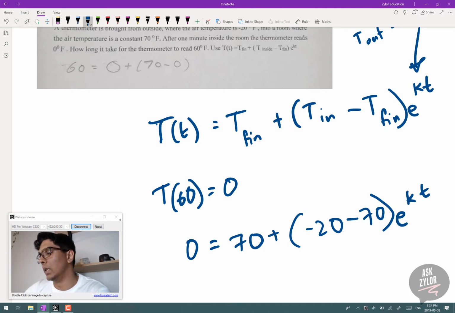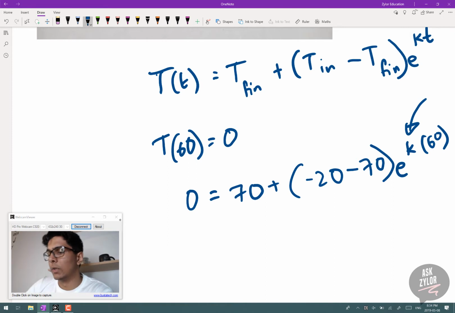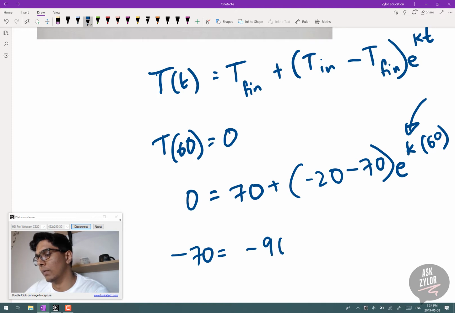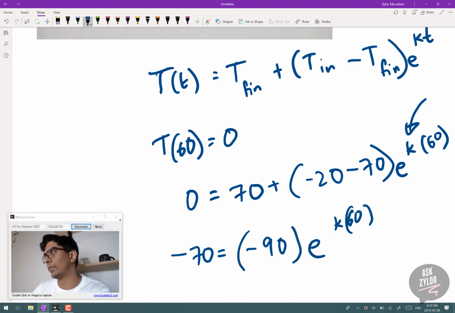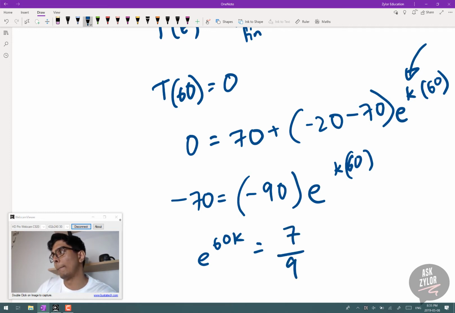Right. The t is 60, so I'm going to replace the t with 60. Now I have an equation that I can solve for k with. Right. So I can bring 70 to the other side, which gives me negative 70. Negative 20 minus 70 gives me negative 90 e to the 60k. Right. So then I have e to the 60k is equal to, I divide both sides by negative 90, 7 over 9.